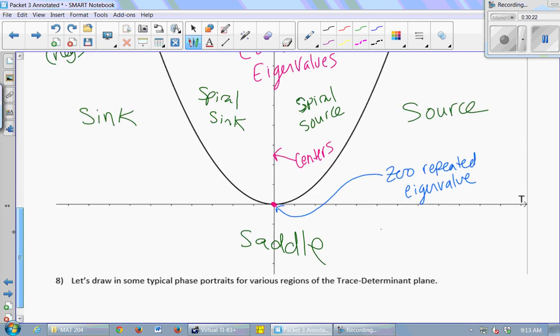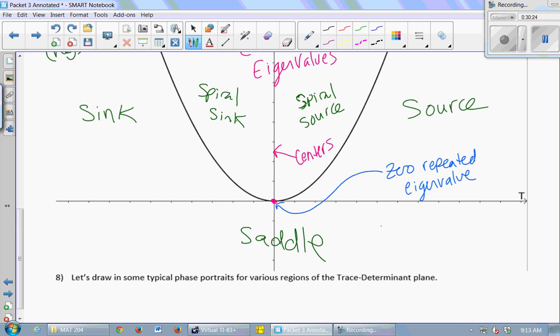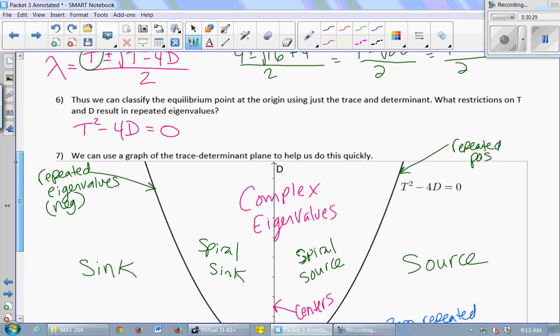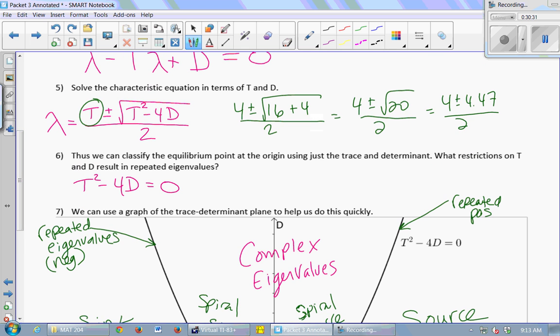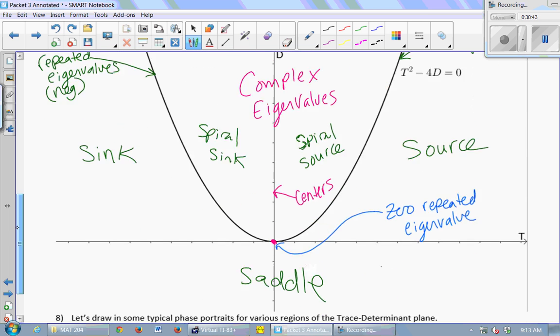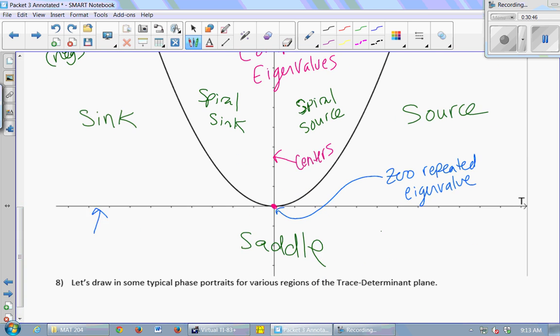And anytime the determinant is 0, if you're on the t-axis and the determinant is 0, if you got rid of that d, this says t plus or minus t. So you're going to have one eigenvalue, t plus t over 2, and your other eigenvalue, t minus t over 2, will be 0. So this axis represents a 0 eigenvalue.